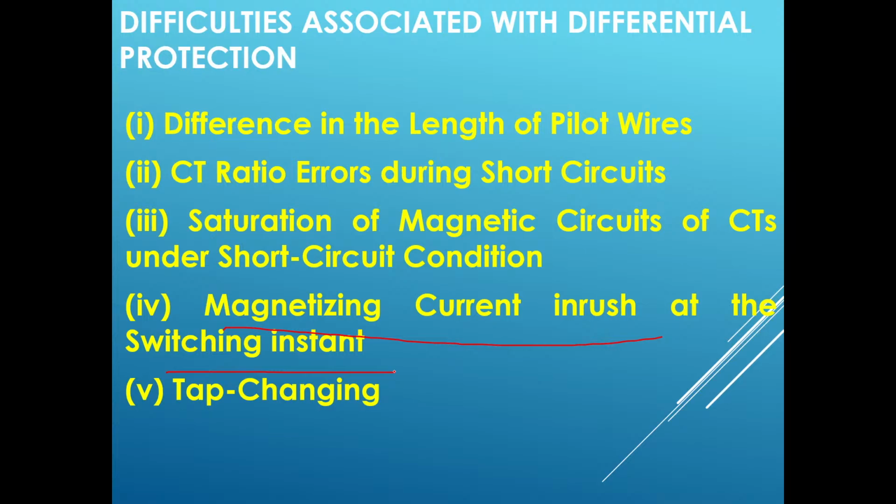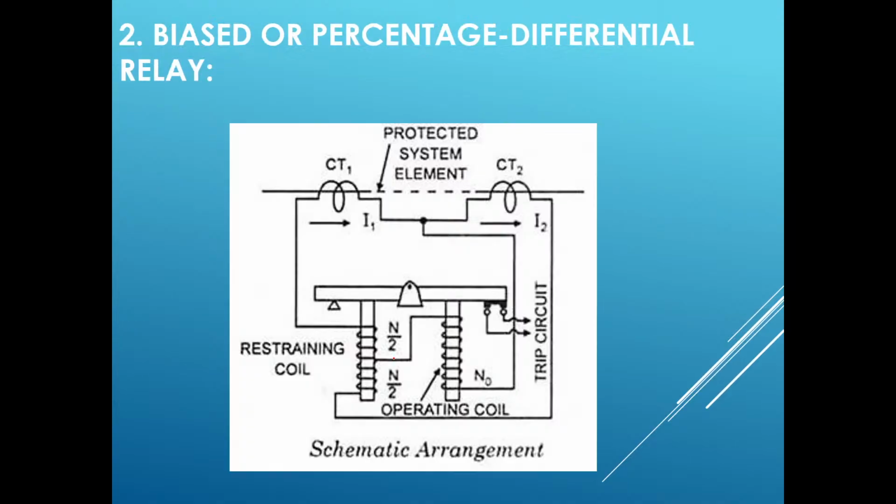It will result in flow of current in the pilot wires, and the differential current may unnecessarily operate the differential relay. So, in order to overcome this problem, percentage bias differential relays are also used. Let us see this percentage bias differential relay.